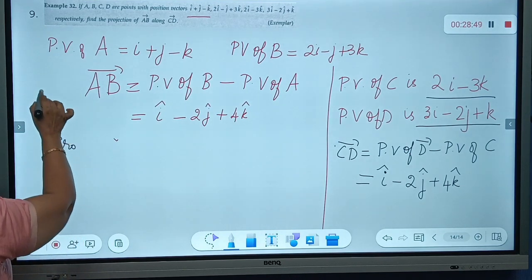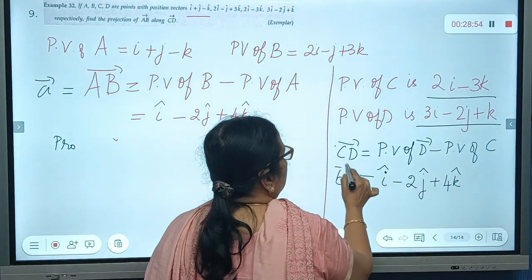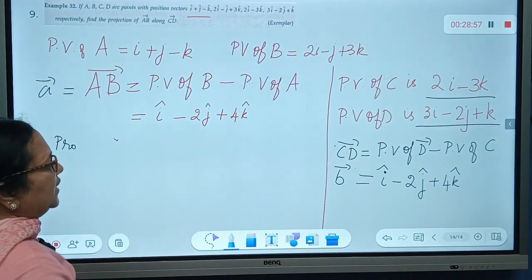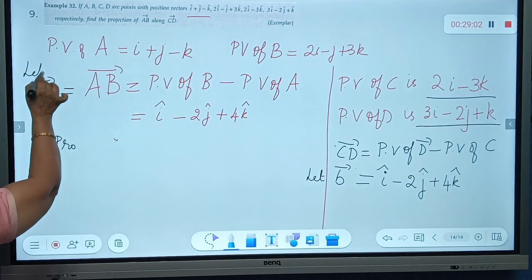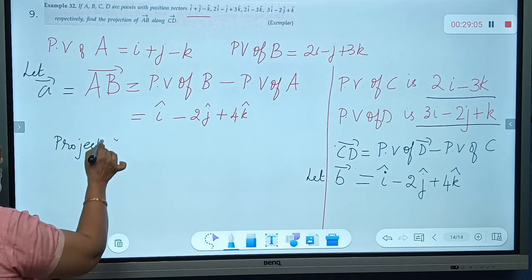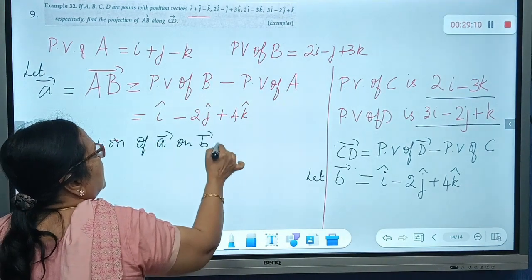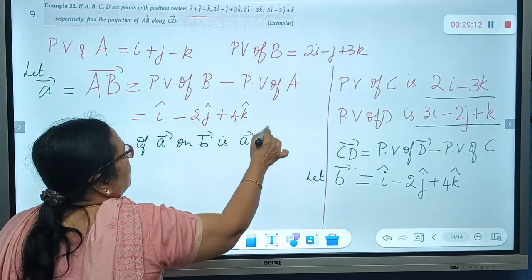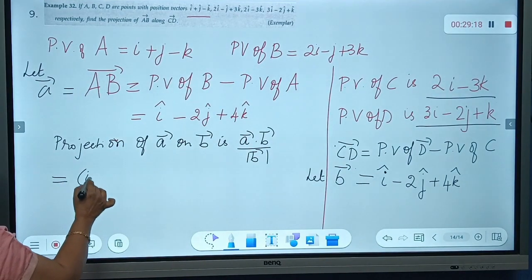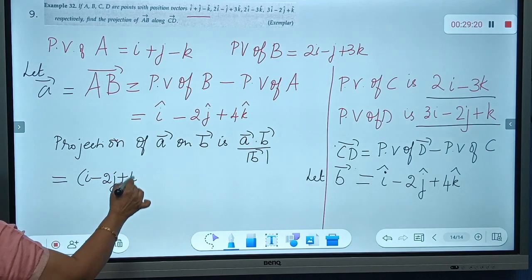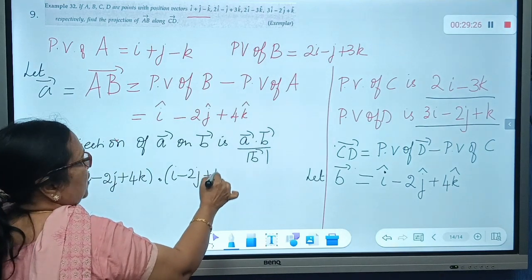Now, what is it you have to find? The projection of AB on CD. Let me call this A vector and let me call this B vector. Projection of A vector on B vector is A dot B by modulus of B vector. So this will be i minus 2j plus 4k dot i minus 2j plus 4k.